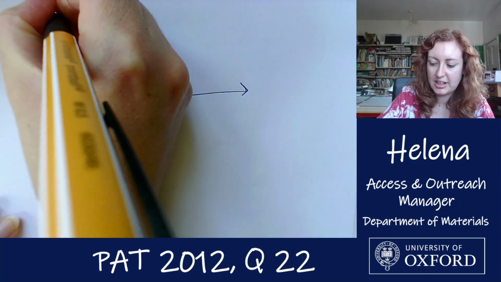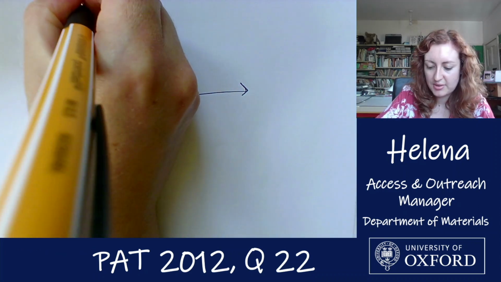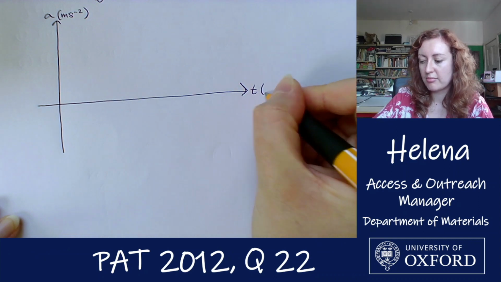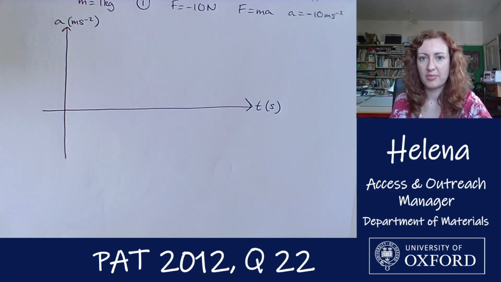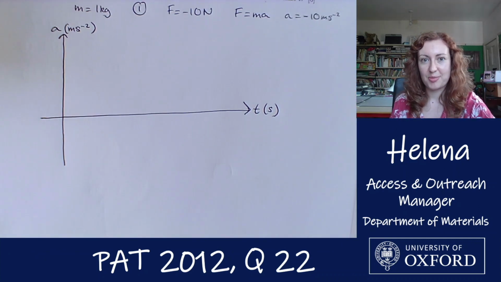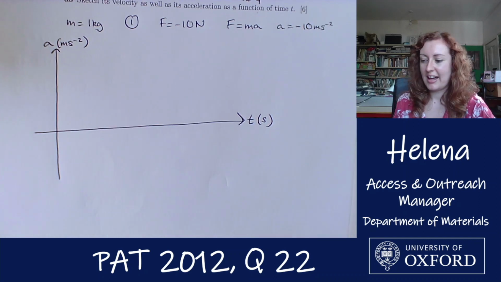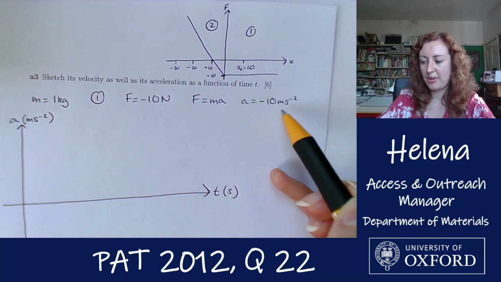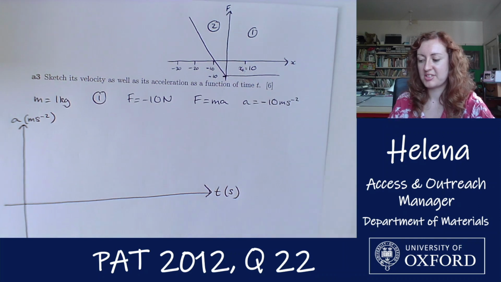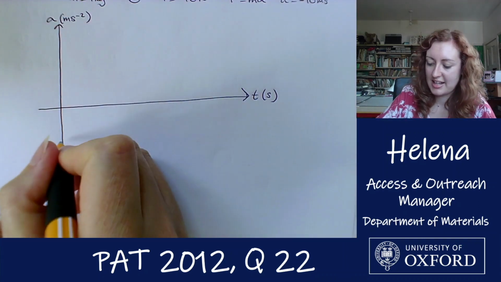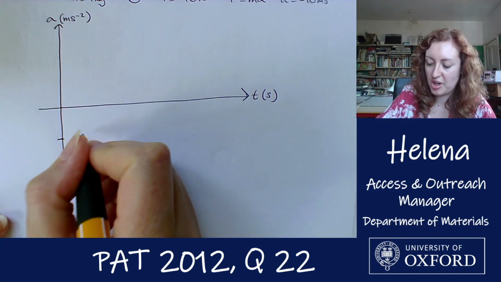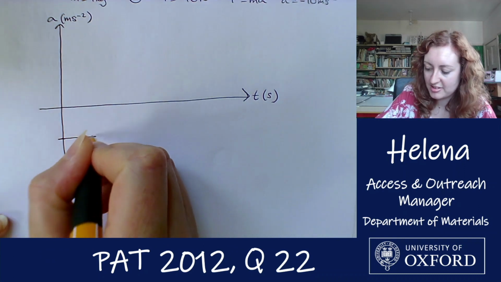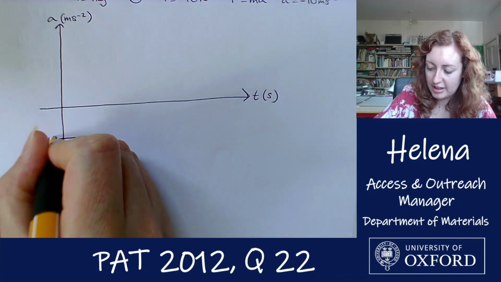Okay, so what do we have here? We have the acceleration, which will be meters per second squared, and we have the time, which will be in seconds. Okay, so we're starting from rest, and if you remember, we have our constant force and constant deceleration of minus 10 for the first part. So our acceleration is simply going to be a constant straight line at a value of minus 10.